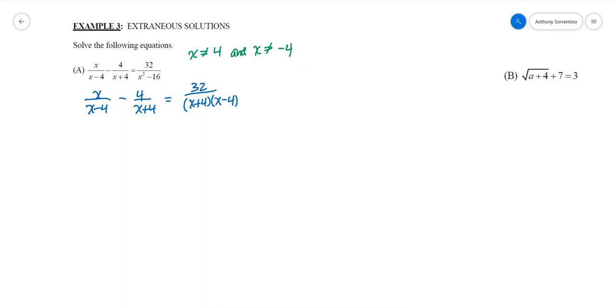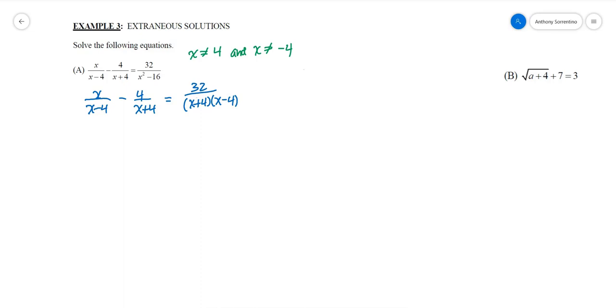Keeping that in mind, I'm going to work under the premise that that is the case, so I want to carry through the work I need to do to solve this. Now, again, when I'm dealing with rational equations, my goal is to be able to eventually cross-multiply. I can't really cross-multiply here yet because I need to have a single fraction on one side and a single fraction on the other. I have a single rational expression on the right-hand side.